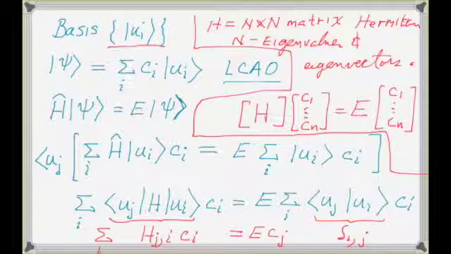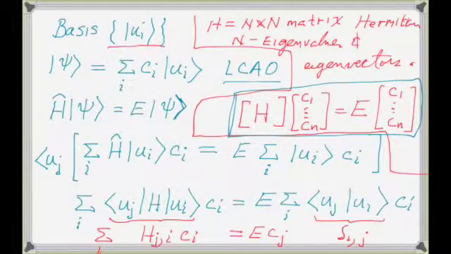From now on, we're going to choose a basis, calculate the matrix elements of H, and solve for the eigenvalues and eigenvectors. So this is just the underlying concept of how you go from what you've seen before to what we're going to be doing now.